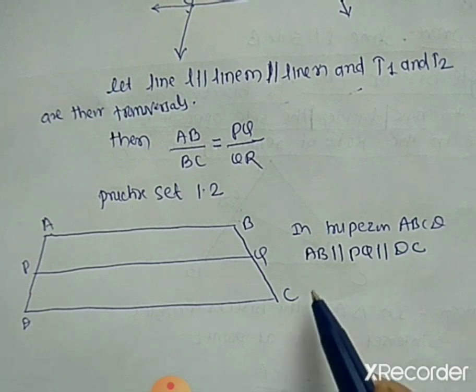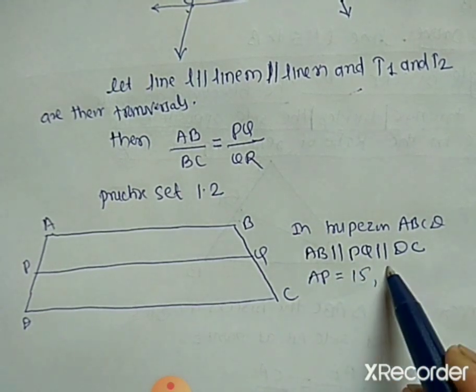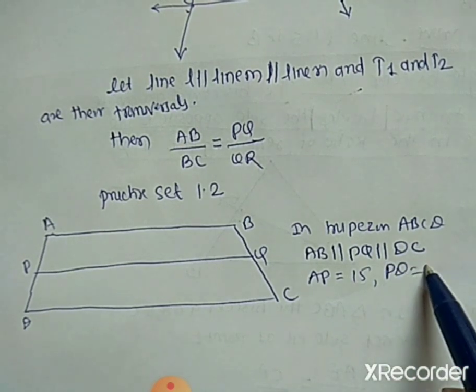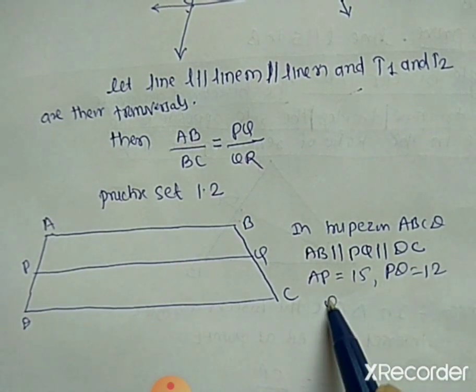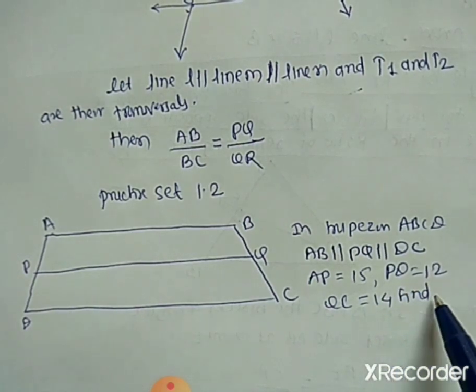What they have given us: AP is equal to 15, PD is equal to 12, QC is equal to 14. Then we have to find BQ.